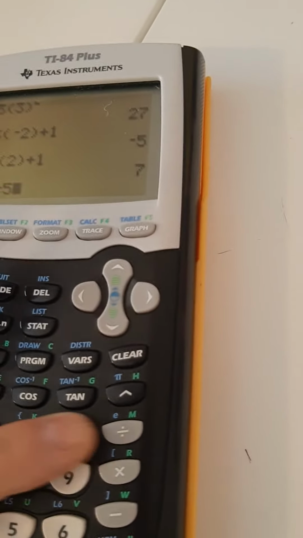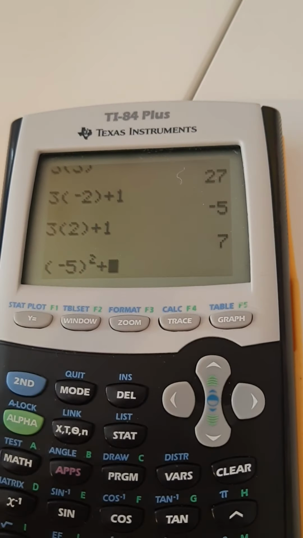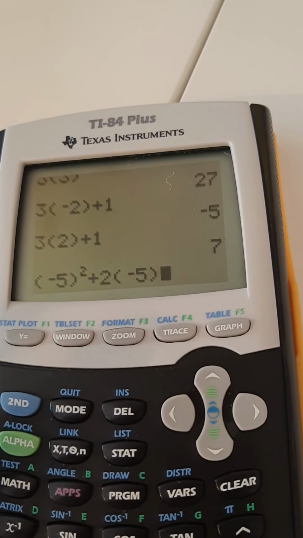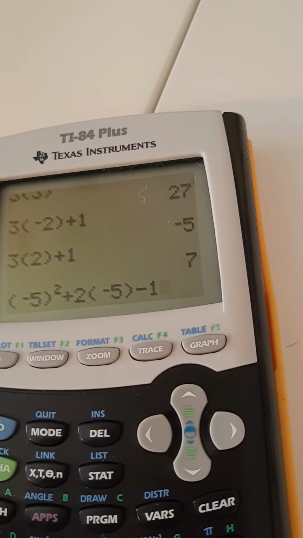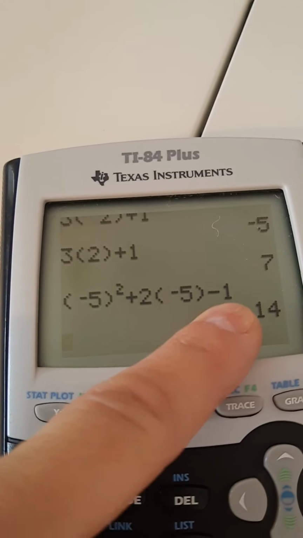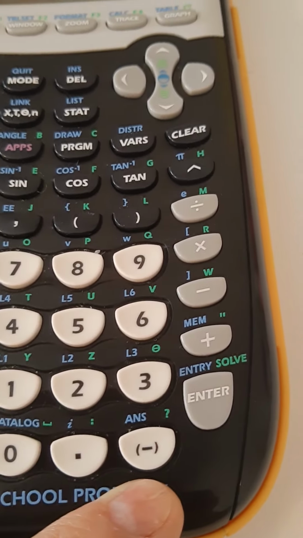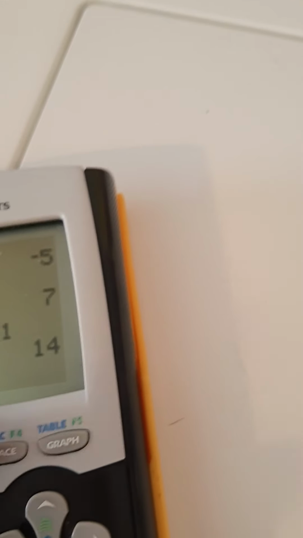And I'm going to put that in the calculator right now. -5 squared plus 2 times -5, subtract 1. Are you using the correct subtractions and negatives in the calculator? Remember, negatives are the small ones. They're this one. Okay. So you get 14.